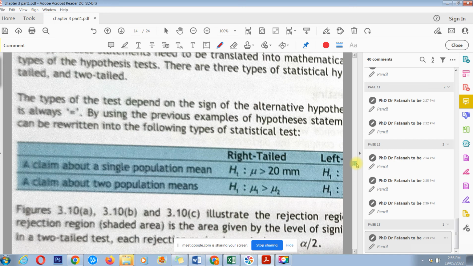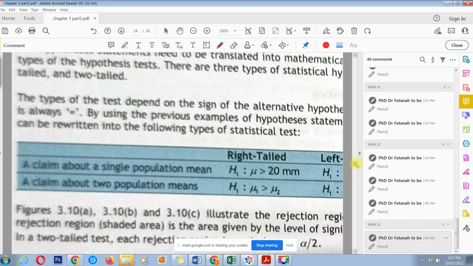You can use both to represent our hypothesis, but you need to define first. Mu 1, what is mu 1? Mu 1 is the mean number of all defective items from machine A, and mu 2 is the mean number of all defective items from machine B. So that is clear for us to use in the hypothesis.